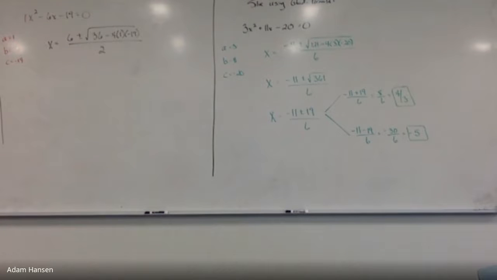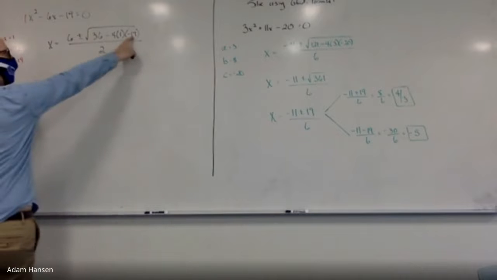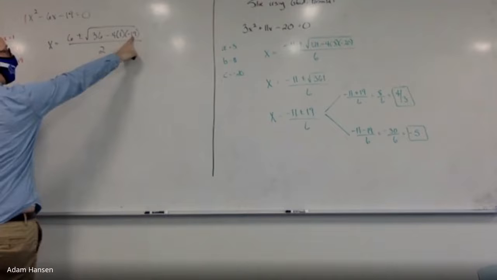Everyone right now, go to your calculator and type in 36 minus 4 times 1 times negative 19. I'm here at 112. Yeah, 112, we're all getting?